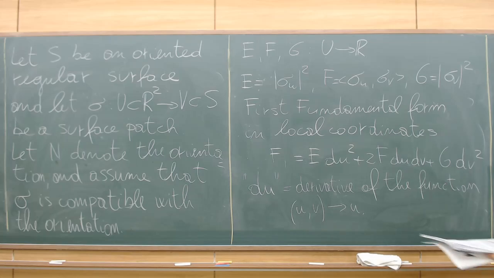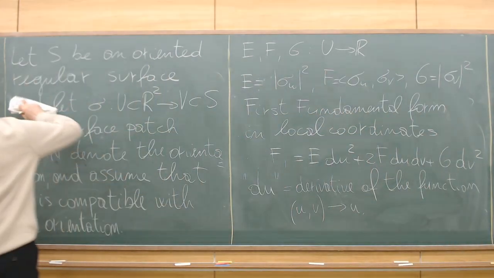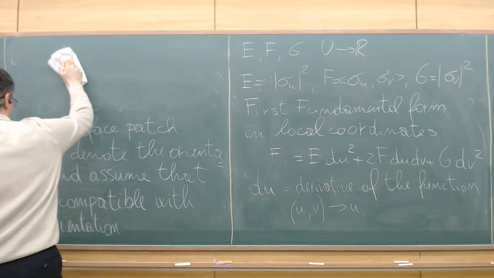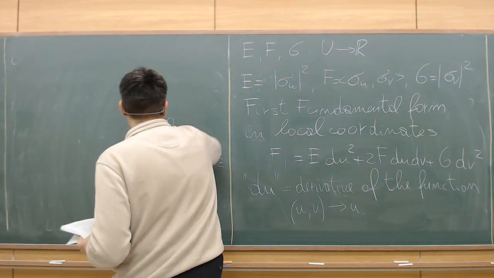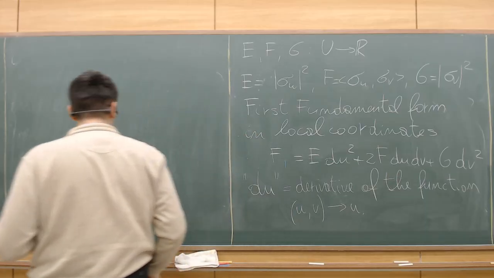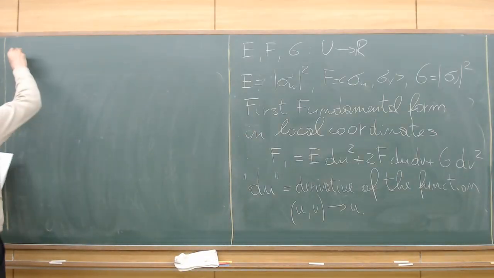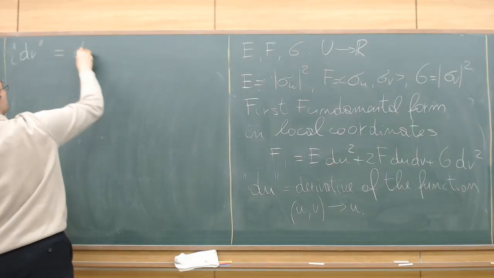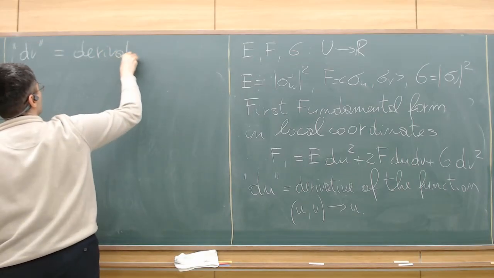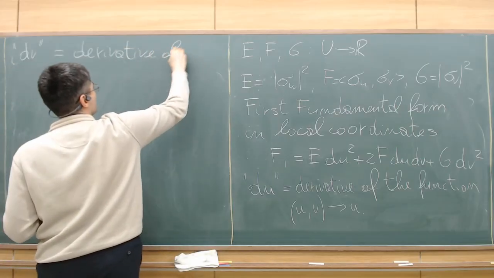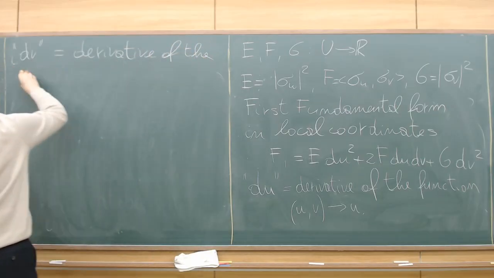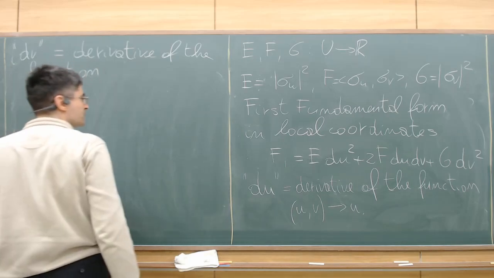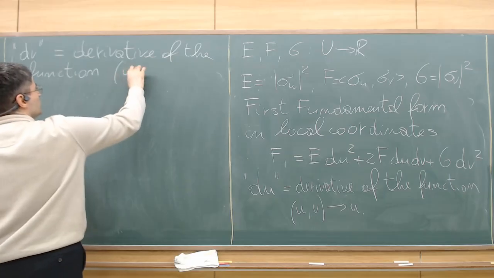And similarly, dv is the derivative of the function that maps (u,v) to v.